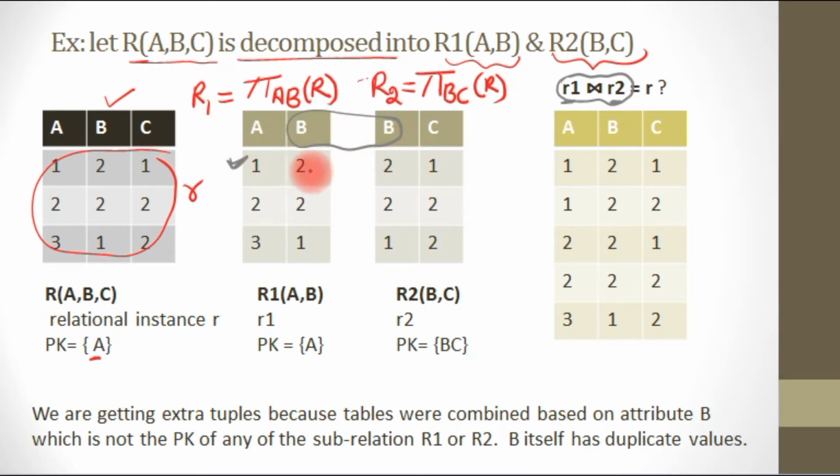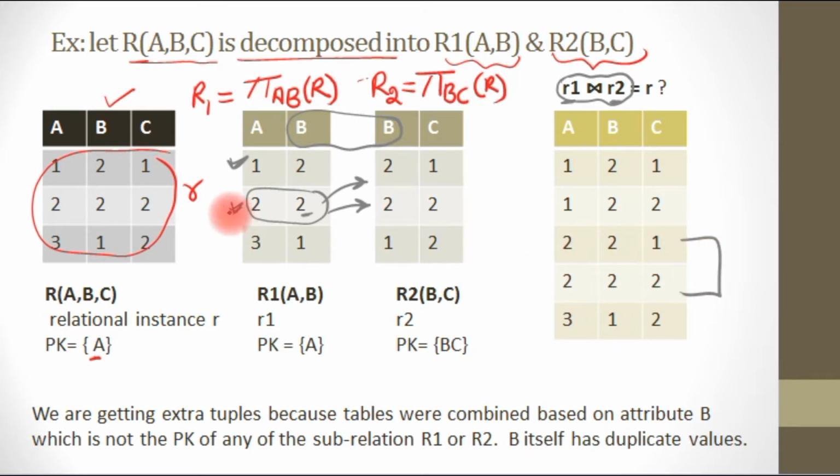The tuple 1, 2 will be combined with those tuples in R2 where B's value is 2, so this tuple will be combined with 2, 1 and 2, 2. Here we have 1, 2, 1 and 1, 2, 2. Now take the second tuple. It will also be combined with those tuples in R2 where the value of B is 2, so we have two tuples, 2, 2, 1 and 2, 2, 2.